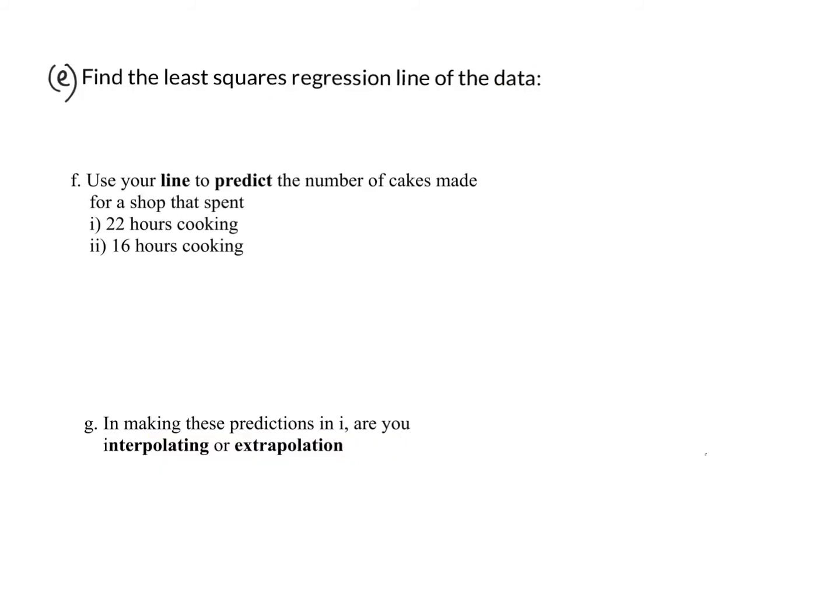The question on your sheet didn't ask you to write the regression line, but this is a big part. Of course, you're going to write your regression line. So we know that our regression line follows this pattern, y equals a plus bx. Now, we don't write y, we have to write what it actually is in the scenario. So for us, it's the number of cakes, and then we'll write equals.